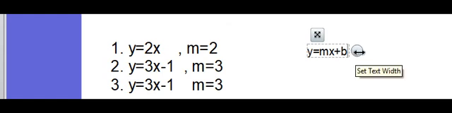When an equation is in the form y equals mx plus b, the slope m is easily identifiable compared to an equation in the form ax plus by equals c. So again, when we're looking at equations in the form y equals mx plus b, it's easy to say that m is our slope. This is called slope-intercept form, and we'll talk about what the intercept is in this equation.